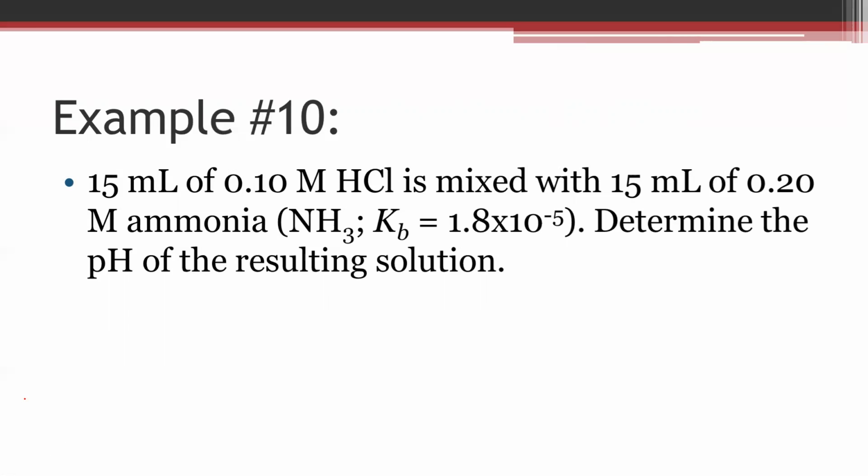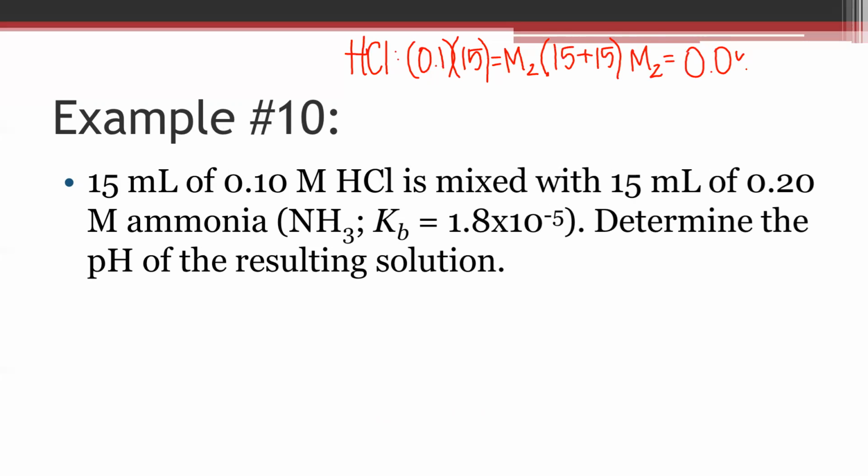For the acid, we start out with a 0.1 molar solution times 15 milliliters, and the new volume will be 15 plus 15. So my new molarity for the acid is 0.05 molar.